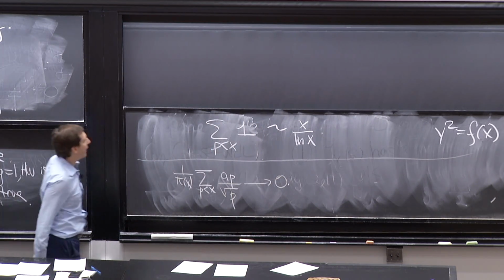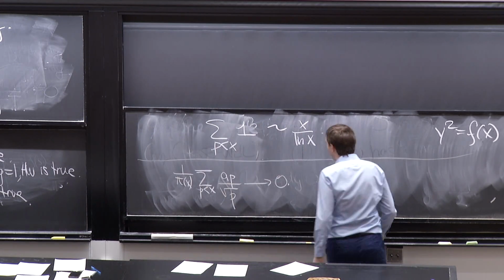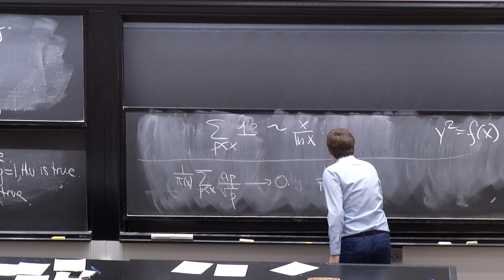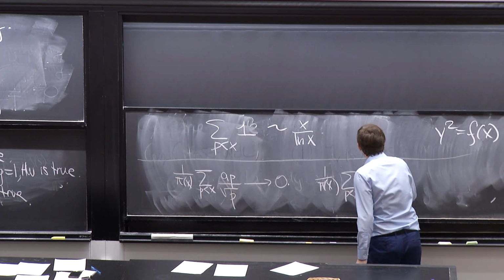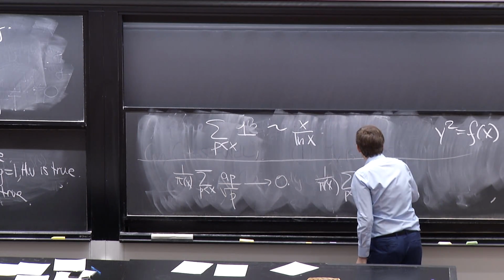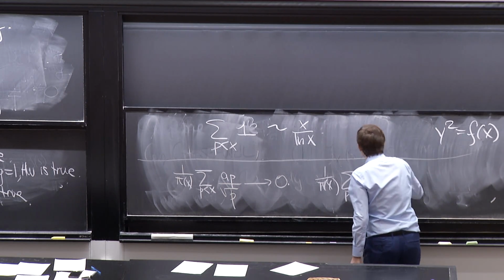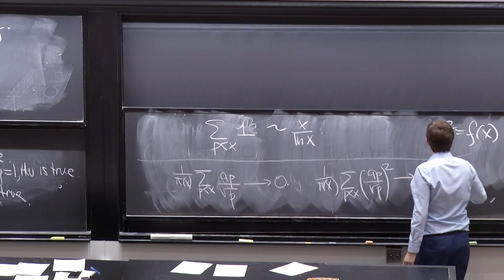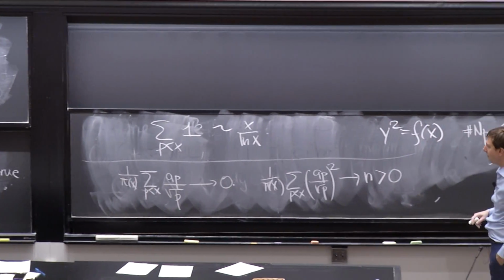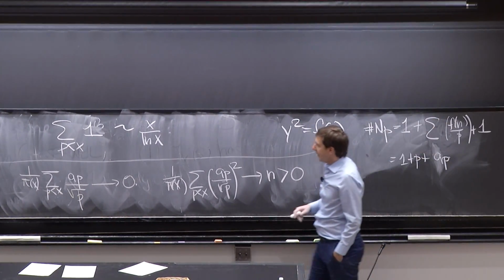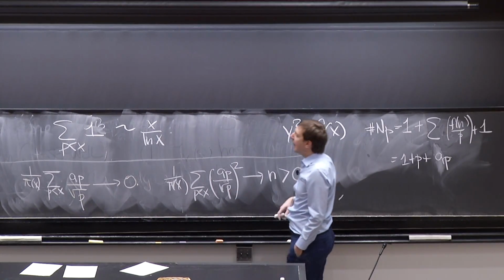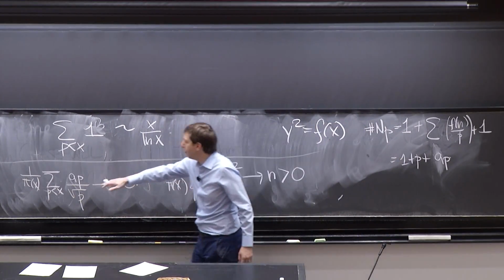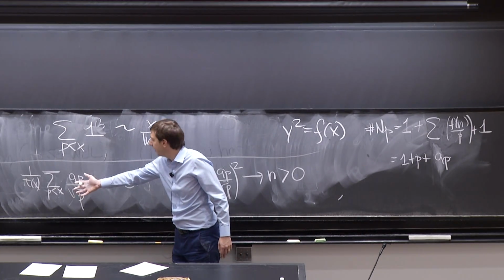And by thinking about a slightly different version of an L-function, which you also have access to by this result, you can also deduce that the sum over p less than x of not this quantity, which is between minus 2g and 2g, but rather this quantity squared, is converging to some integer which is bigger than 0. And now from these two prime number theorem results, these are numbers between minus 2 and 2, or minus 4 and 4.